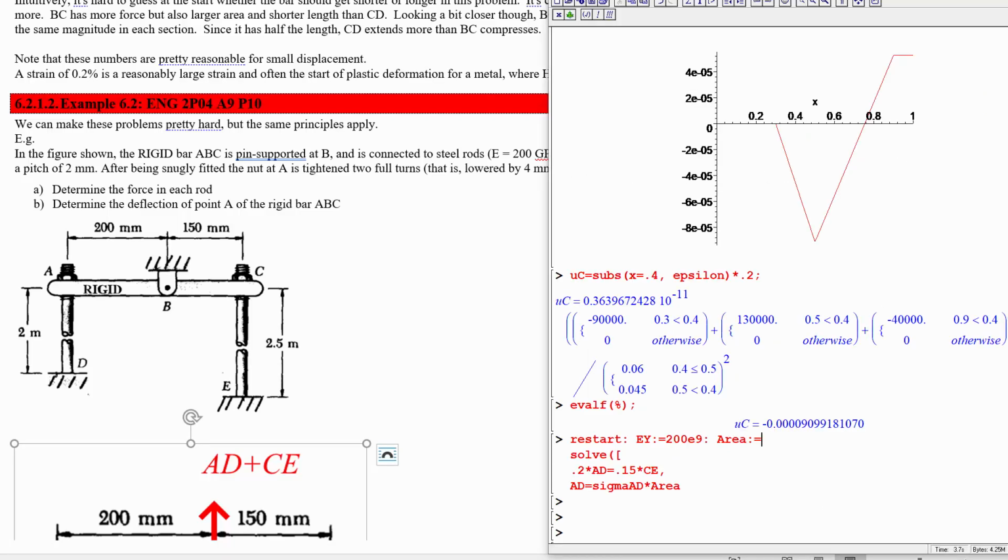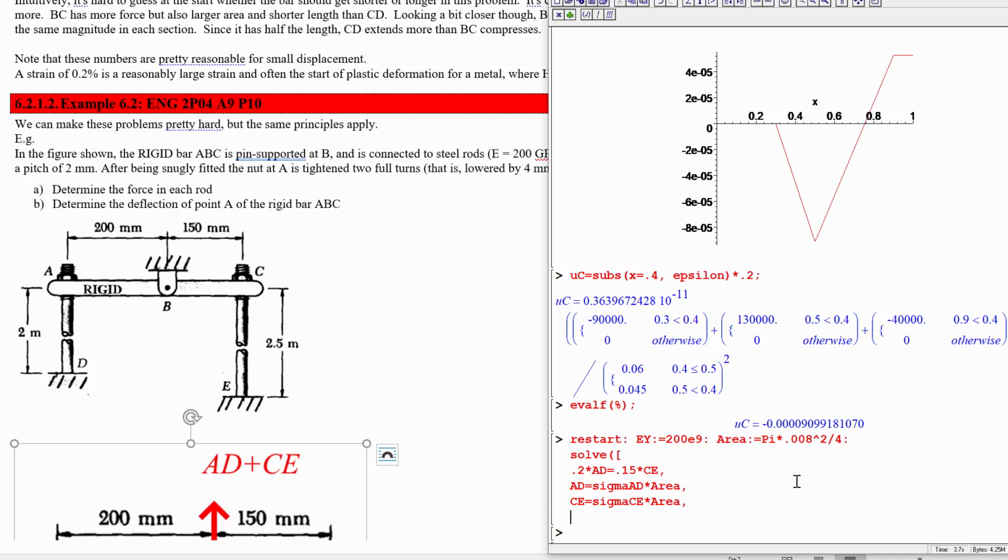So the area is equal to pi times 0.008 squared over 4. So AD is equal to the stress times the area. And similarly, for the other one, CE is equal to the stress in CE times its area.